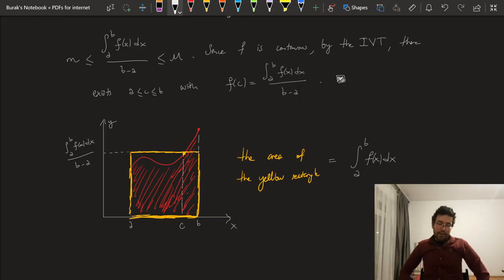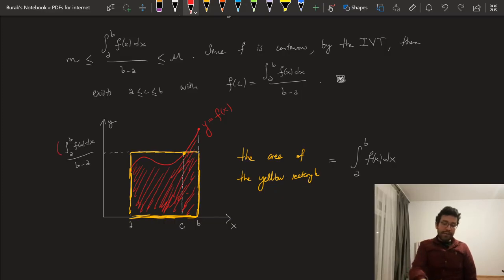Now, let's try to understand what this means, maybe using an example from physics. Pretend that f tells me the velocity of a moving particle at time x. Then the integral of that would be the displacement.